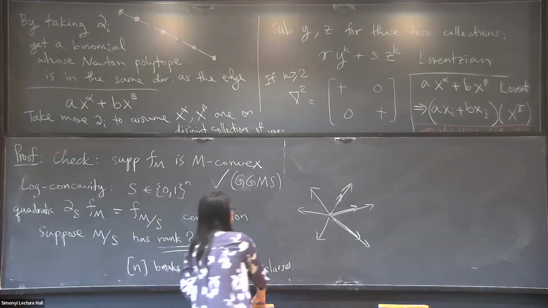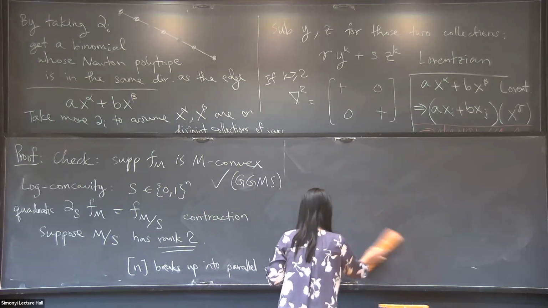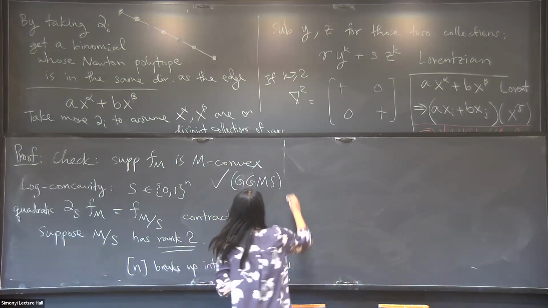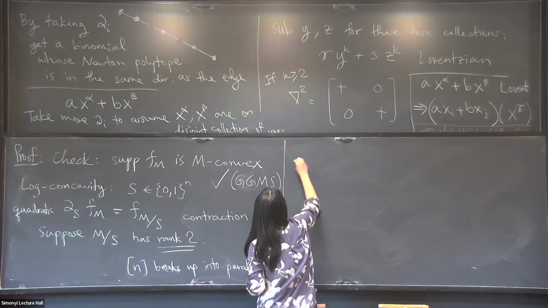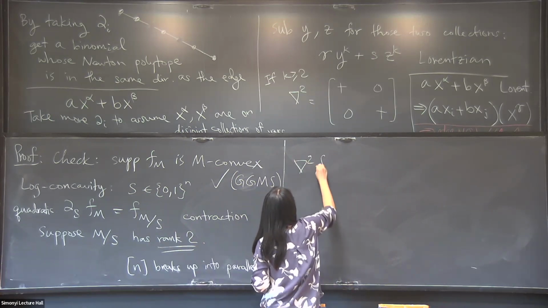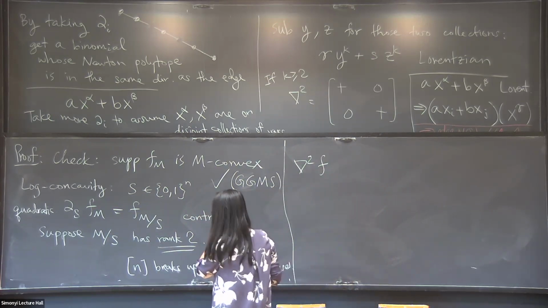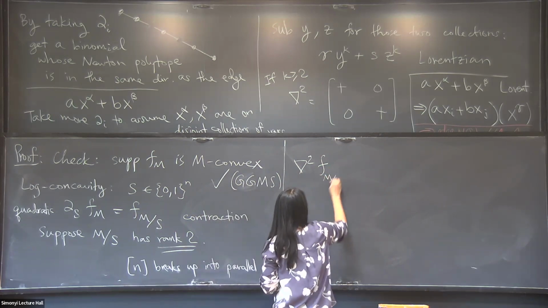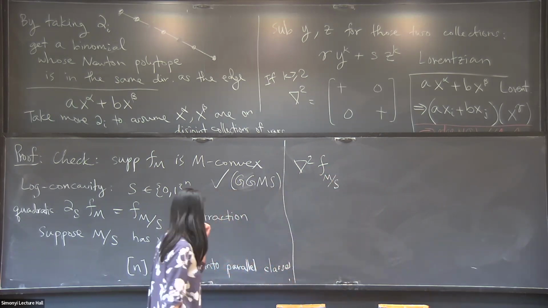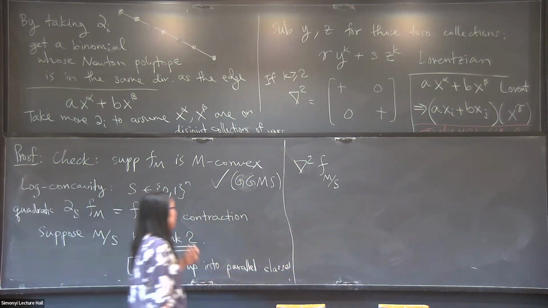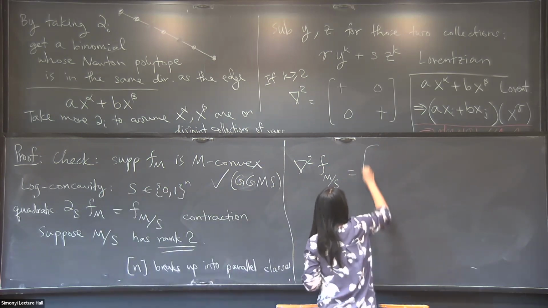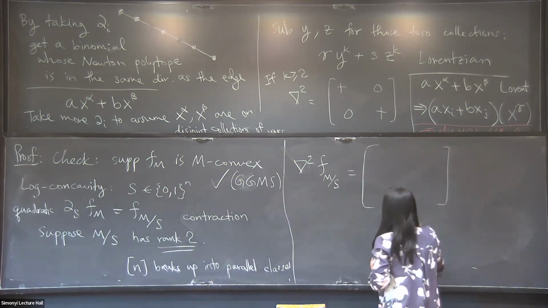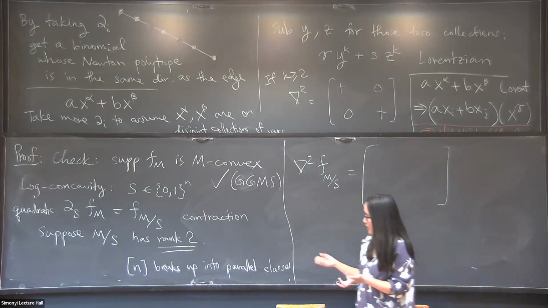And then using that, let's try to write down the Hessian of this construction. So what does it look like? The matrix also may have loops.